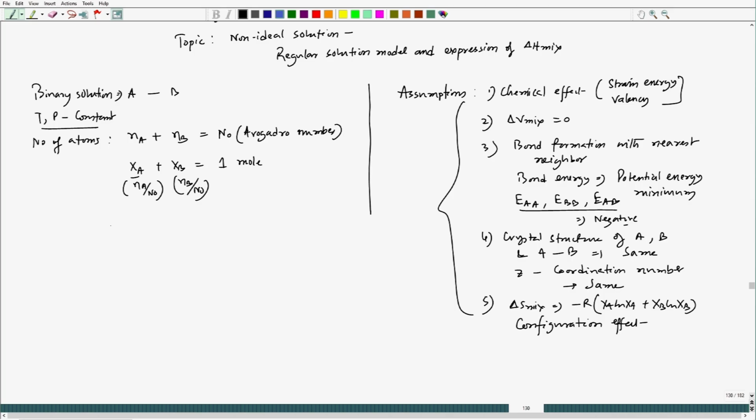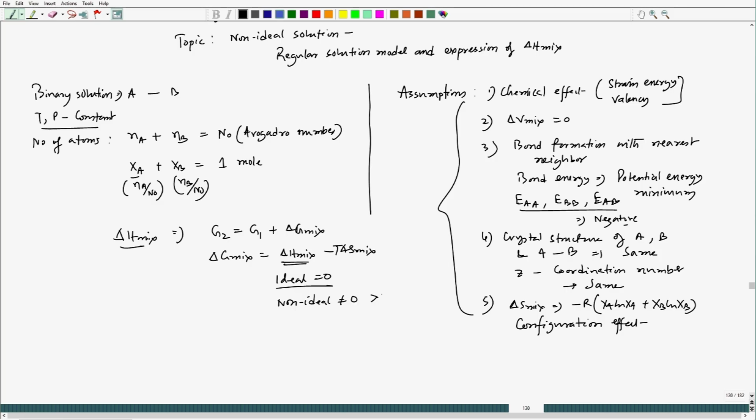Now, we are actually trying to find out del Hmix, and why? We know that solution free energy is nothing but G2 equal to G1 plus delta G mix, and here delta G mix is related to delta H mix minus T del S mix. This term in case of ideal is equal to 0, but in the non-ideal case this is not equal to 0.